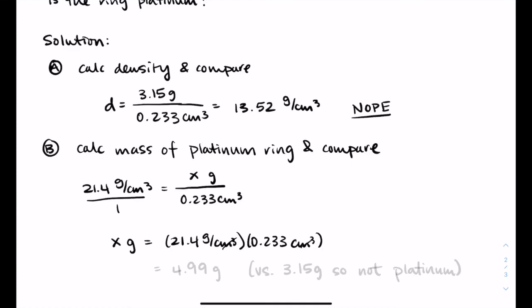If this ring were platinum, it would weigh 4.99 grams, which means our ring is definitely not platinum, which is good. We needed to get the same answer in both ways of doing it. This is compared to the 3.15 grams, so not platinum.